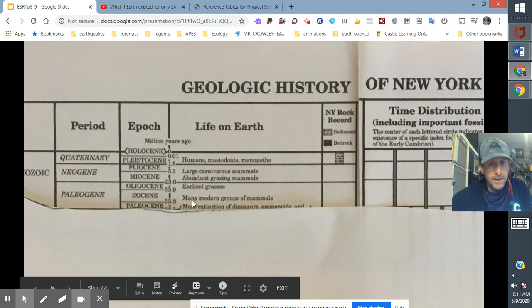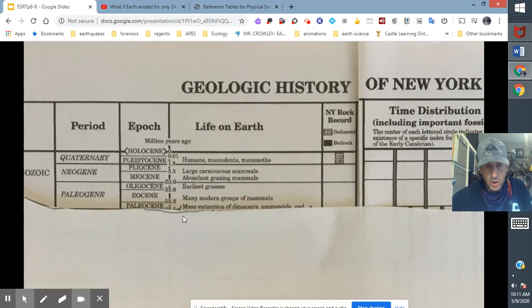Okay, and the mass extinction of dinosaurs occurs at that boundary, right? Modern mammals, right? You can see humans, mastodons, and mammoths, right? You can think of Ice Age, right? Actually, the Pleistocene is really the first Ice Age video, all right?